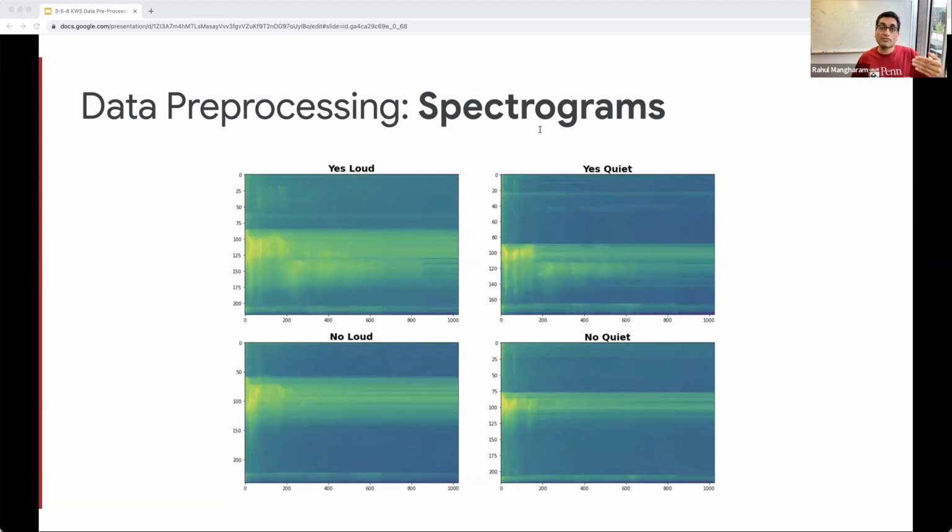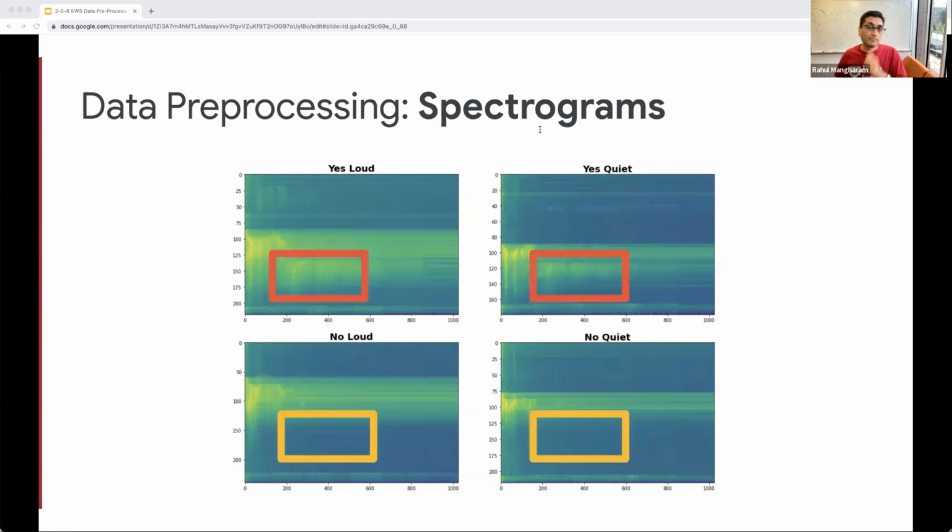The no's don't have any strong amplitude of visibility there. The strength or vibrancy of that color is telling us how strong those frequencies actually are, how pronounced, right? A yes versus a no. You can clearly see a distinction there, which gives us a clue that these are not the same words. By looking at the signal, we are able to say, well, yes and no look quite different.